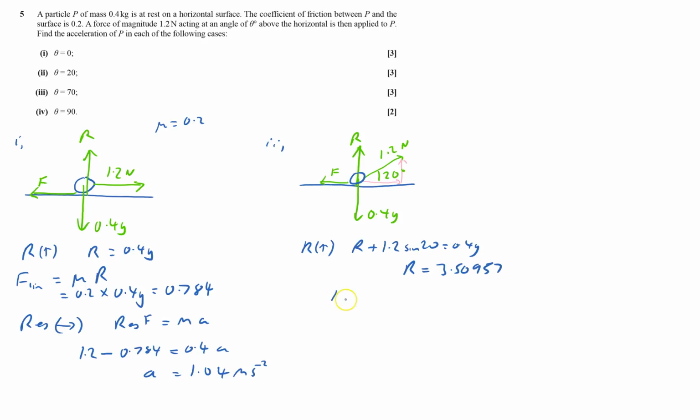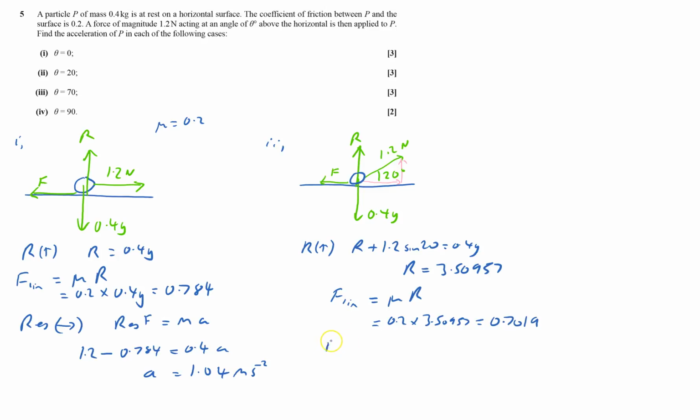F limiting, limiting friction, that equals mu R, otherwise F is less than or equal to mu R, and that will equal 0.2 times 3.50957, and that equals 0.7019.